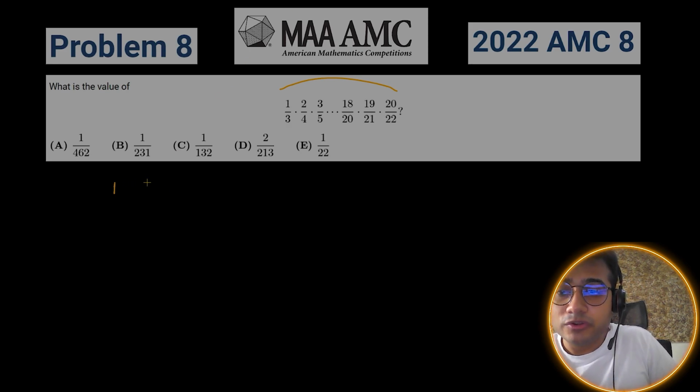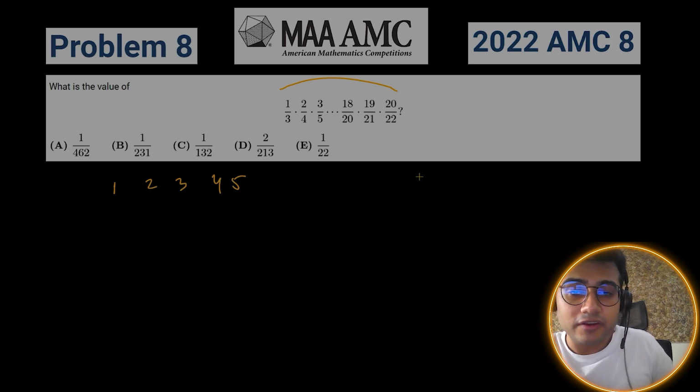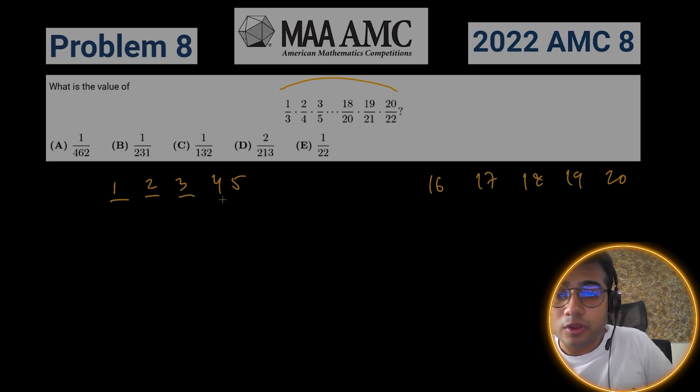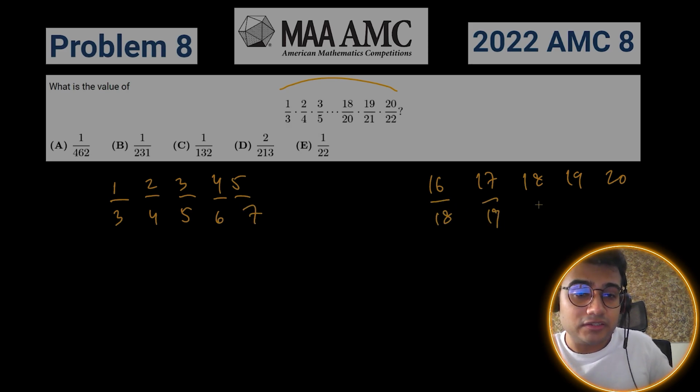So in the numerators, we have 1, 2, 3, 4, 5, and it keeps going like that, 16, 17, 18, 19, 20. I'm going to write a bunch of them. And then the denominators are just two more than the numerators. So it's 3, 4, 5, 6, 7, and then 18, 19, 20, 21, and 22.